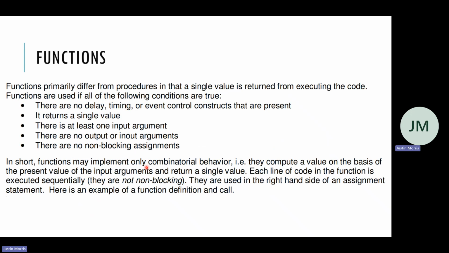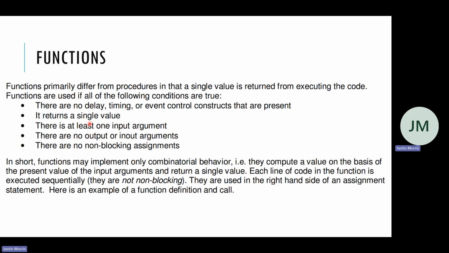A function can only have a single value return. So if you wanted to have those two outputs, you can append them together as one standard logic vector. But then you would have to know in your other code that that one variable that you assigned actually contains those two values, and you have to extract them out.